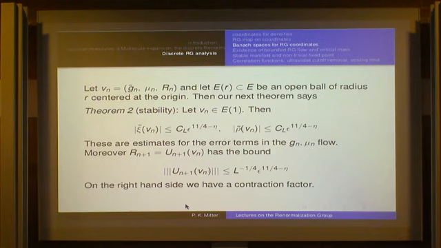Now Rn plus 1 has a contraction factor in this term, which is L to the minus 1/4. That came about from the normalization, as well as the large set phenomenon.